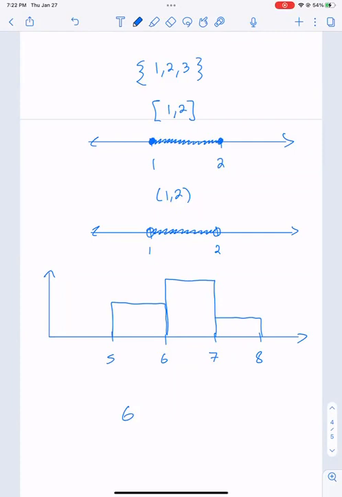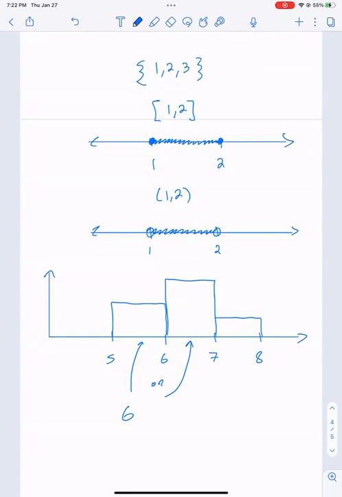And you go, "Oh, okay. 6. Well, where should I put the 6? Do I put it in this one, 5 to 6, or do I put it in this one, 6 to 7? Because it falls right on the border. Where do I put it?"